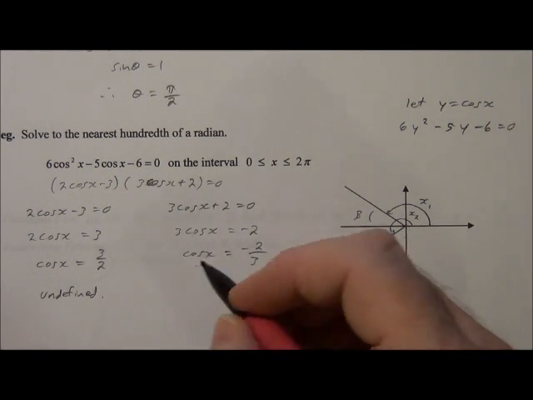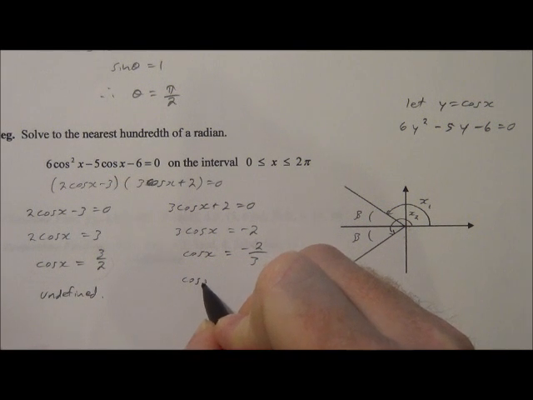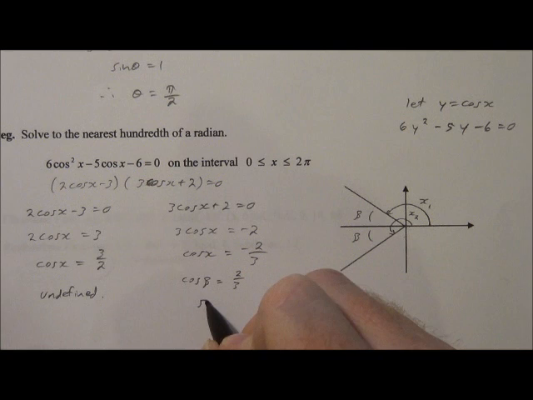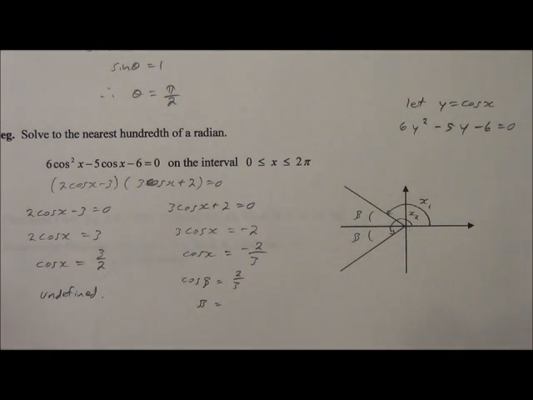So if cos beta is 2 over 3, you do the inverse cos of both sides, and beta is 0.8411 radians.